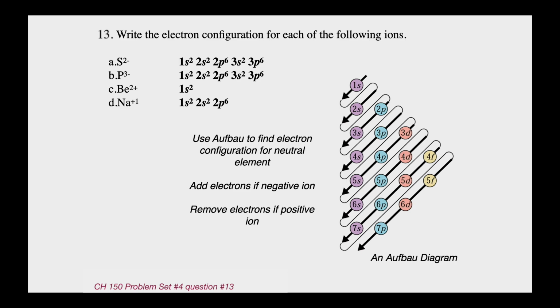Beryllium 2 plus is 1s2, the same electron configuration as helium. Sodium likes to be +1. Sodium neutral was 1s2, 2s2, 2p6, 3s1, so 1 electron less makes it +1. It becomes a neon core. So those noble gases are the cool kids in the back of the school bus, and everybody wants to be like them. That's kind of what happens when it comes to the ions.